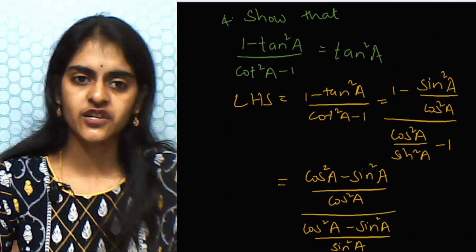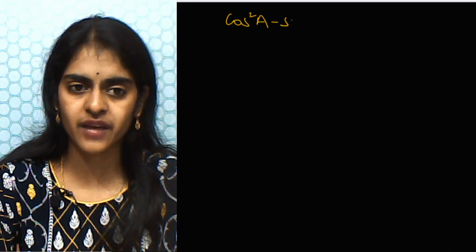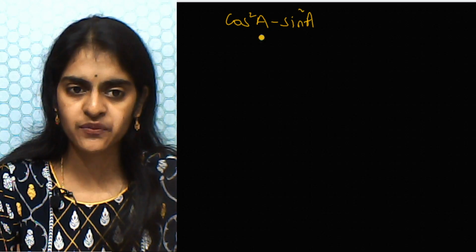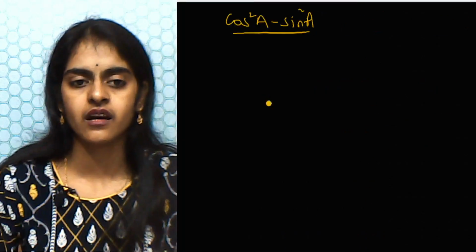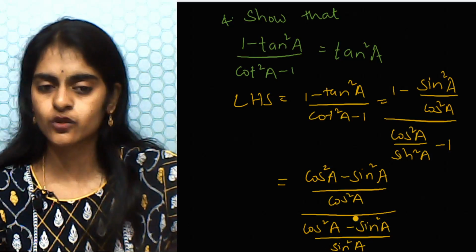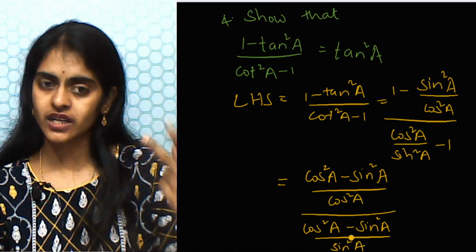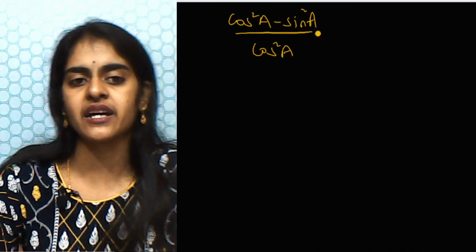Now just see, this is (cos square a minus sin square a) divided by cos square a. Let me send this to the numerator, so it becomes its reciprocal. So this becomes sin square a by (cos square a minus sin square a).